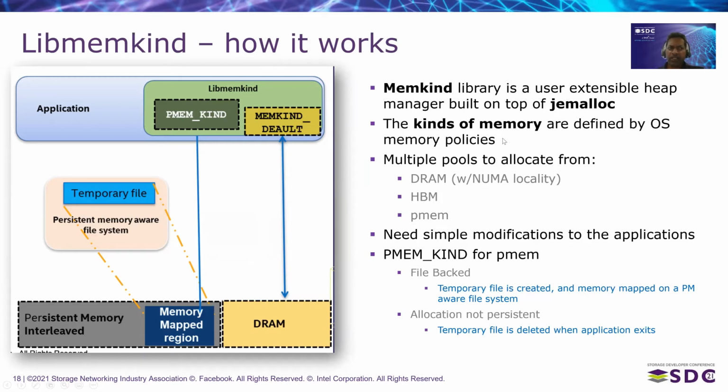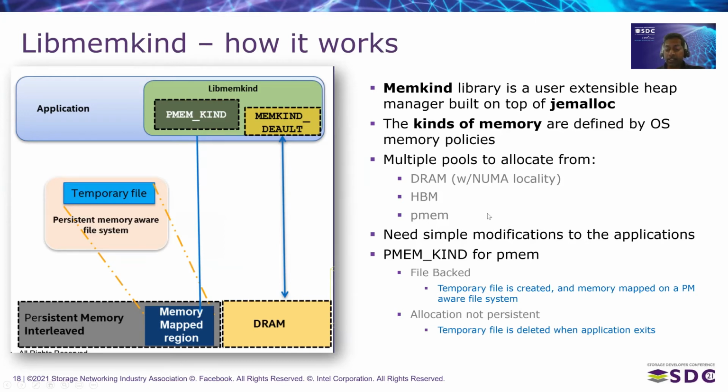There are hooks in place in the Libmemkind that can take advantage of those kinds of memory and allocate using slightly modified malloc and free calls to consume the memory from the 2LM media.